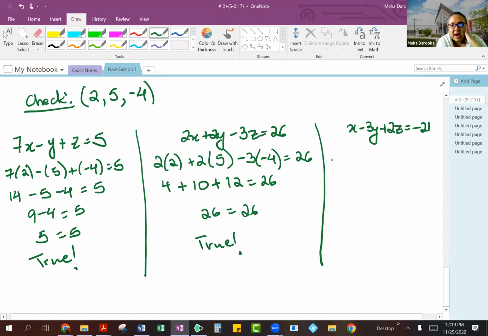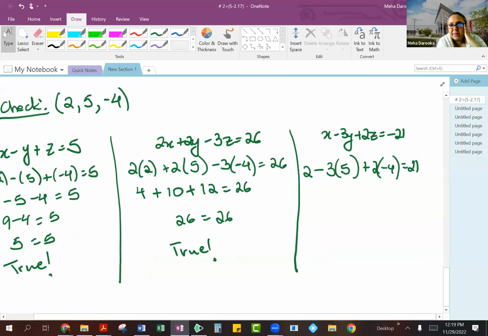Now just the last one. We've got x minus 3 times y plus 2 times z, and that should equal negative 21. So 2 minus 3 times 5, of course, is 15. Positive and negative will give us negative. 4 times 2 is 8. And what will that be? 2 minus 15 is what? Negative 13.